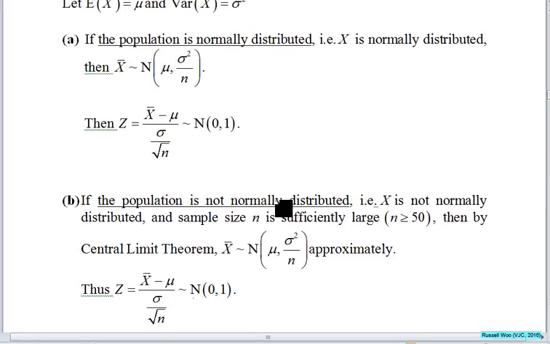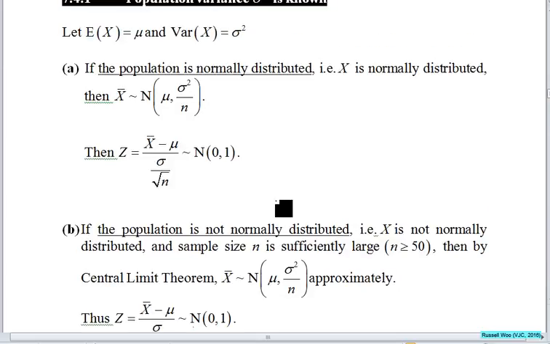Okay, let's move on again. In hypothesis testing, in the syllabus, our X bar will always be a continuous random variable. There are two cases here.